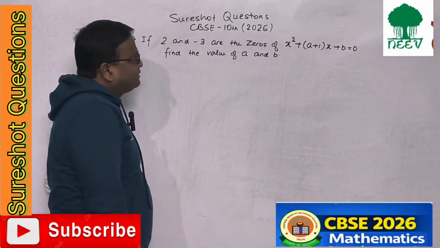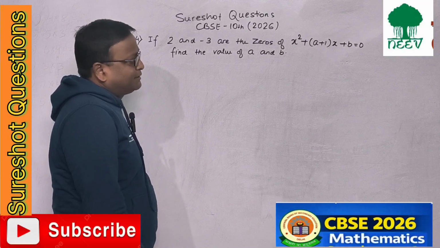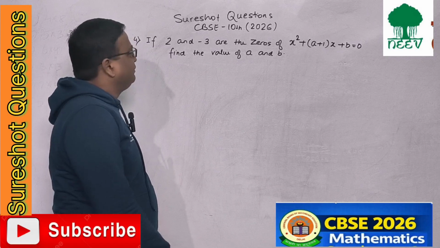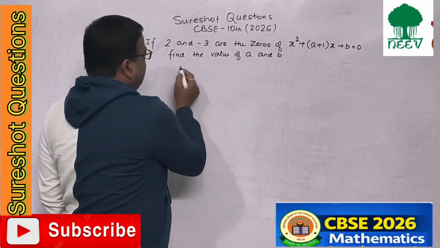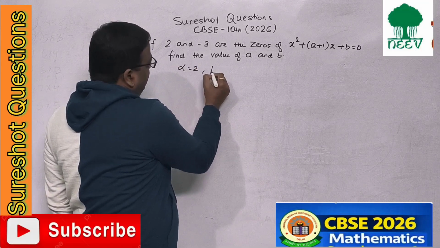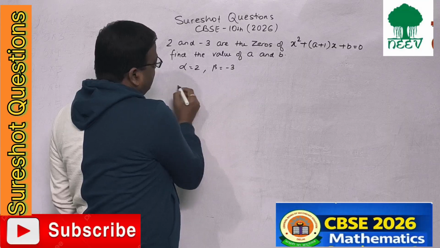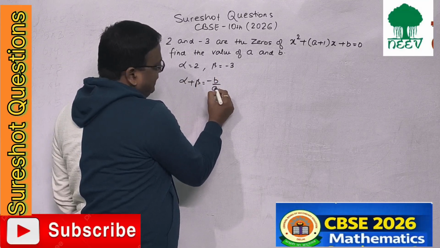If 2 and minus 3 are the zeros of x square plus a plus 1 x plus b equal to 0, find the value of a and b. So let's take the roots as alpha equal to 2, beta is equal to minus 3. We know that sum of the roots is equal to minus b by a.